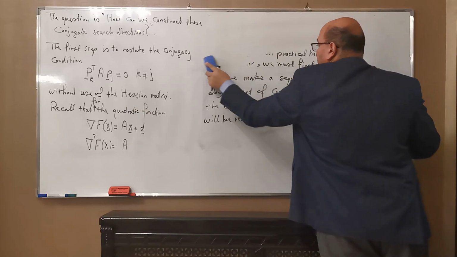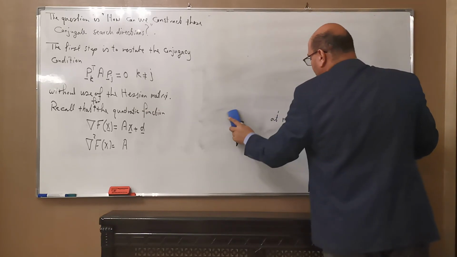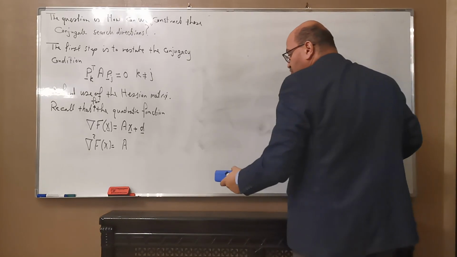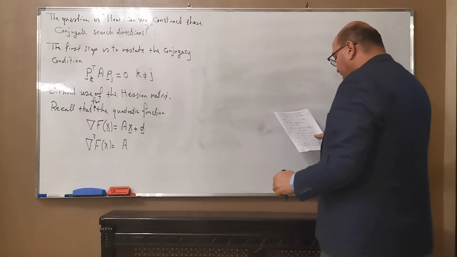Now, we'll do a trick here to get rid of the Hessian by taking the step of the gradients.